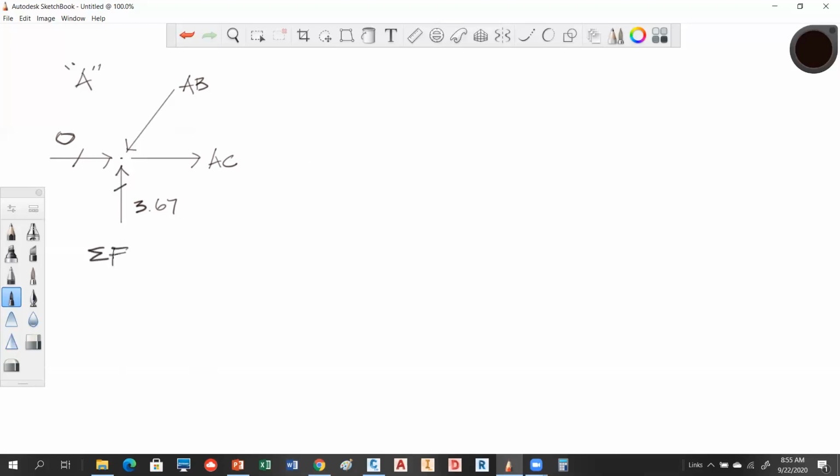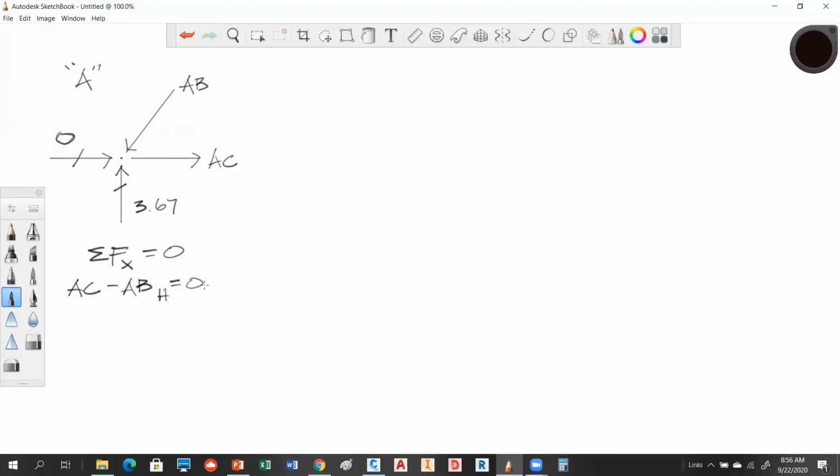Sum of forces in X. I'm going to try to keep this small. If I can get two joints on here, maybe I can do that. That'll help us. So what's happening in the X? We have AC, right? And we have minus AB horizontal, and that has to be equal to 0.